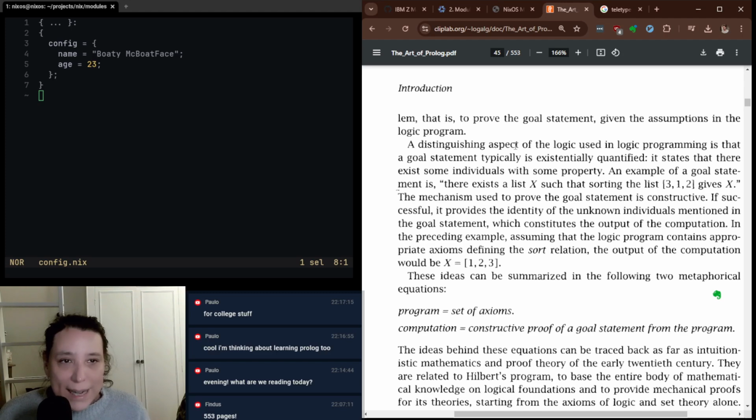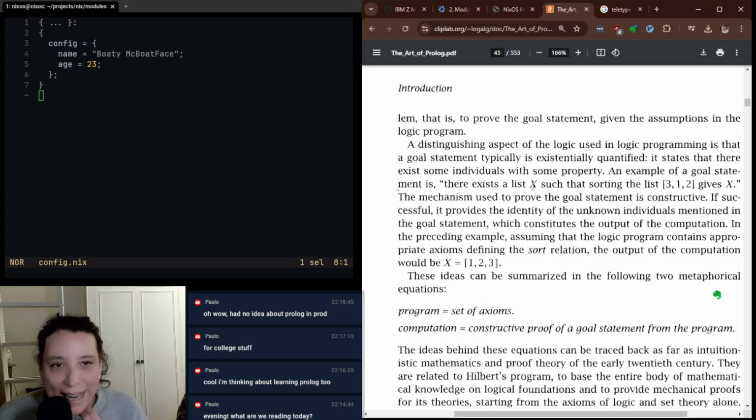A distinguishing aspect of the logic used in logic programming is that a goal statement typically is existentially quantified. It states that there exist some individuals with some property. An example of a goal statement is: there exists a list X such that sorting the list 3, 1, 2 gives X.